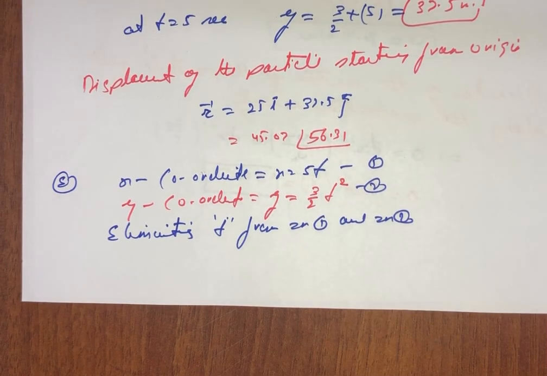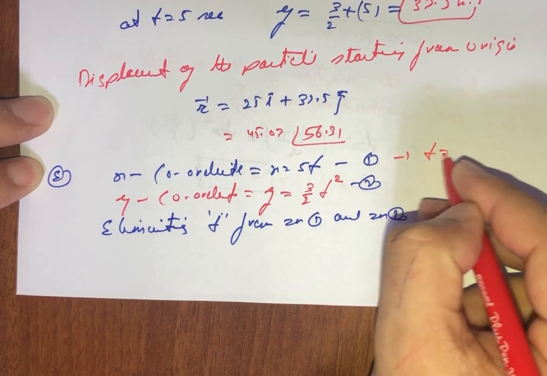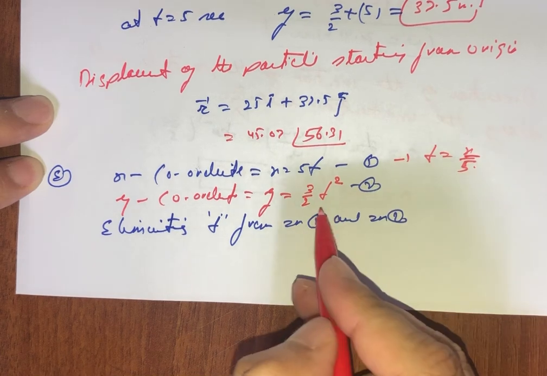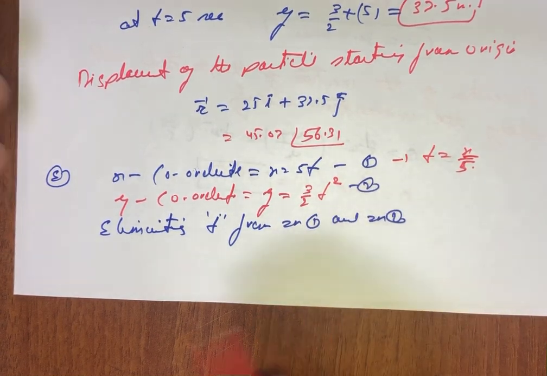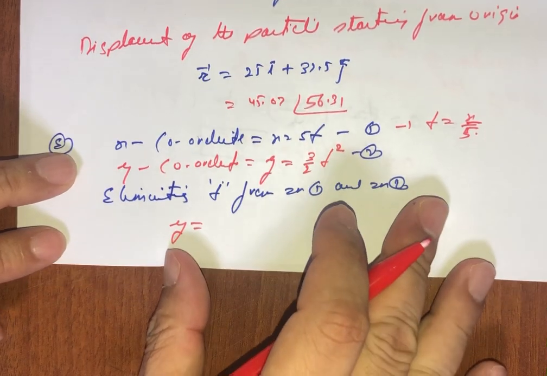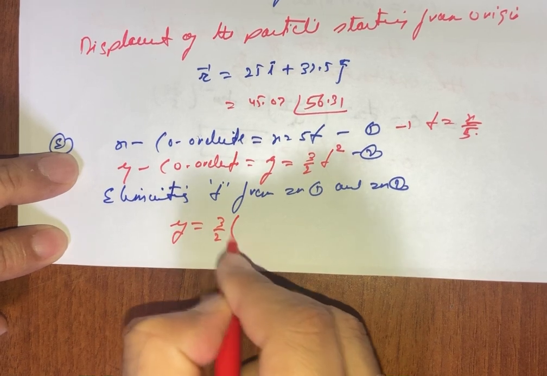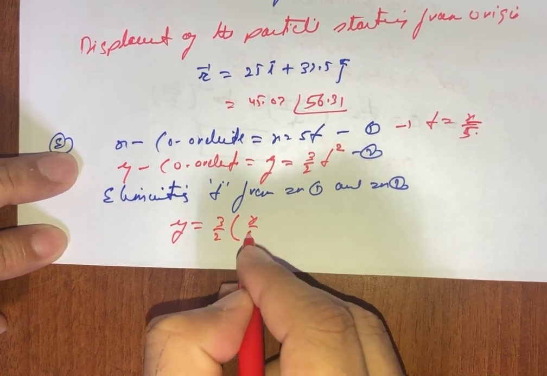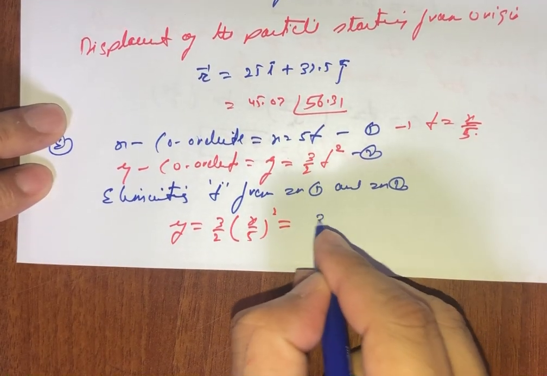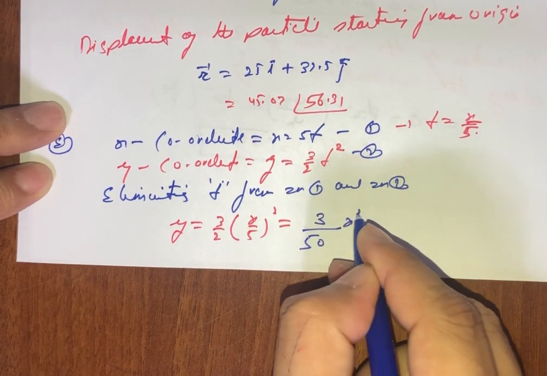From equation 1 we are getting t is equal to x by 5. We put t equal to x by 5 in the second equation, so y will be equal to 3 by 2 times t whole square, and this will come as 3 divided by 50 times x square.